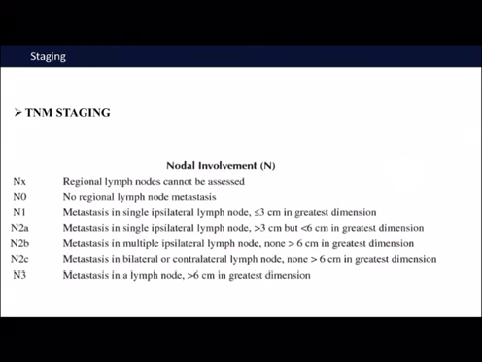The next will be N, that is nodal involvement. The nodal involvement depends upon three factors. One is whether it involves single lymph nodes or multiple lymph nodes. The second factor is whether it affects the ipsilateral lymph nodes or contralateral lymph nodes, or could be bilateral lymph nodes also.